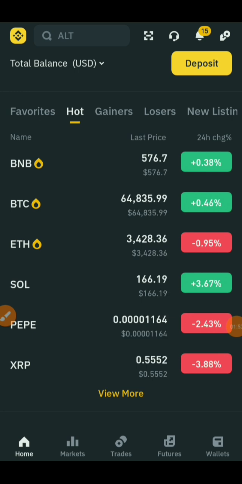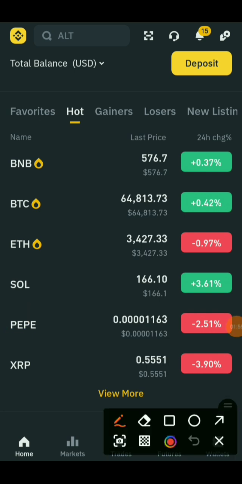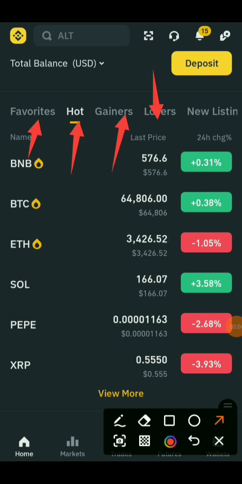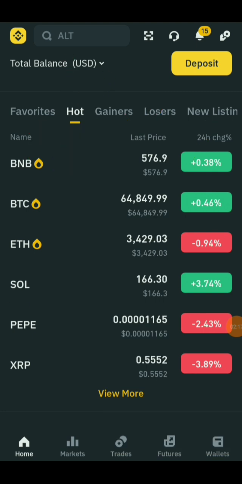After going to Binance, you'll discover that there's the favorite option, the hot, the gainers, the losers, and the new listings. The section we are going to venture into is the hot. Yes, we are going to click on the hot section.